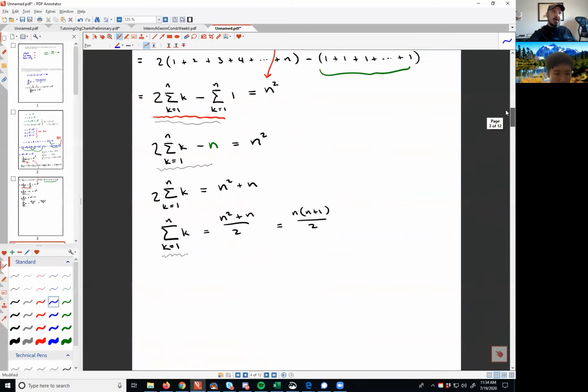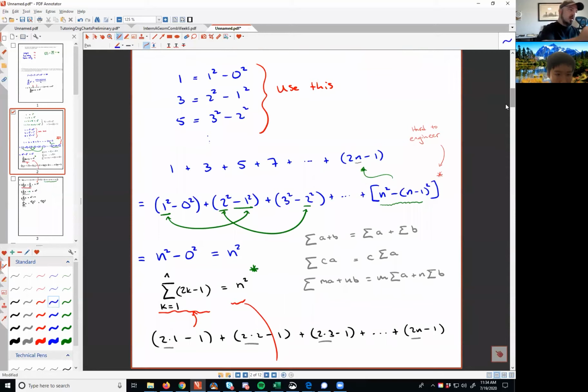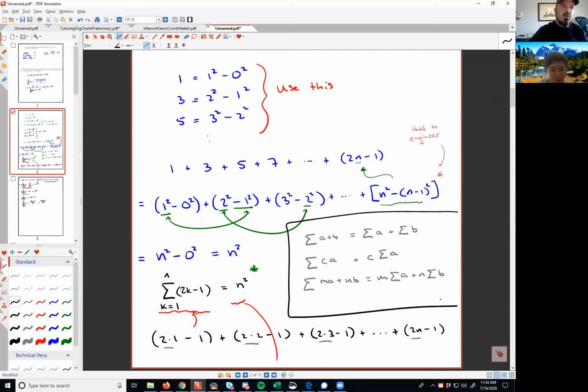Let's take a look back. In the gray on the right-hand side, we can break summations up into pieces and sum each piece. And we could see that down here.